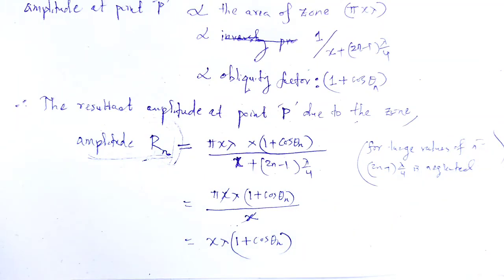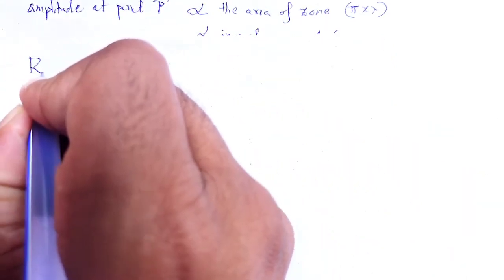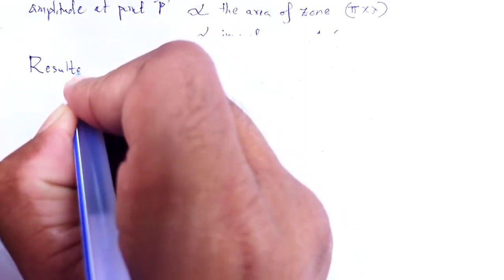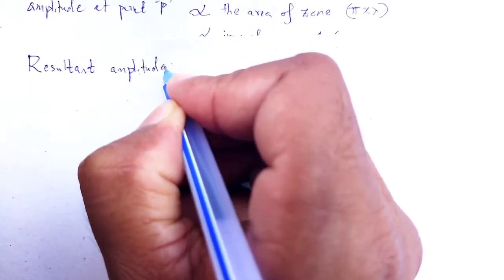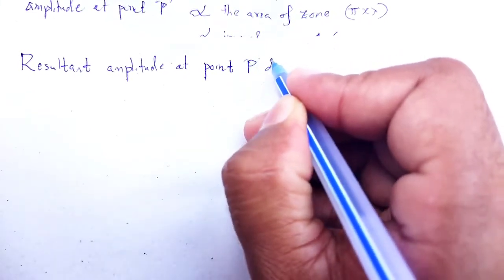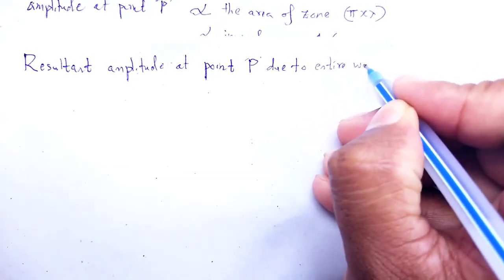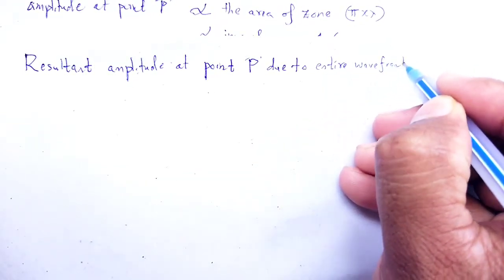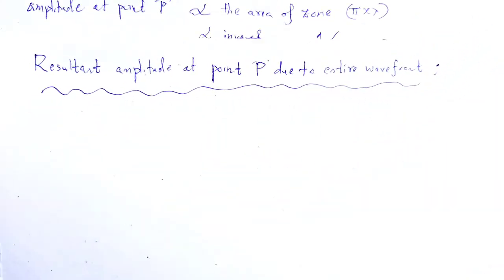Next, the resultant amplitude at point P due to the entire wavefront. See the figure.